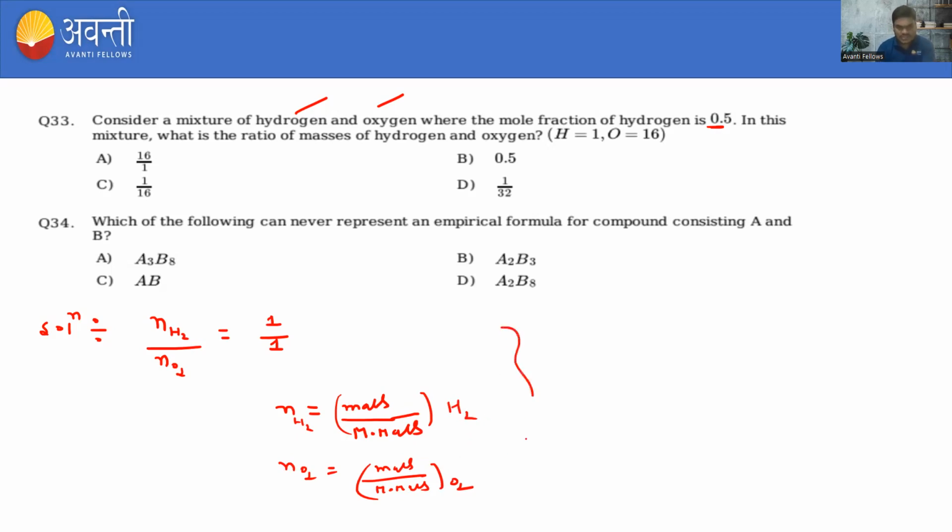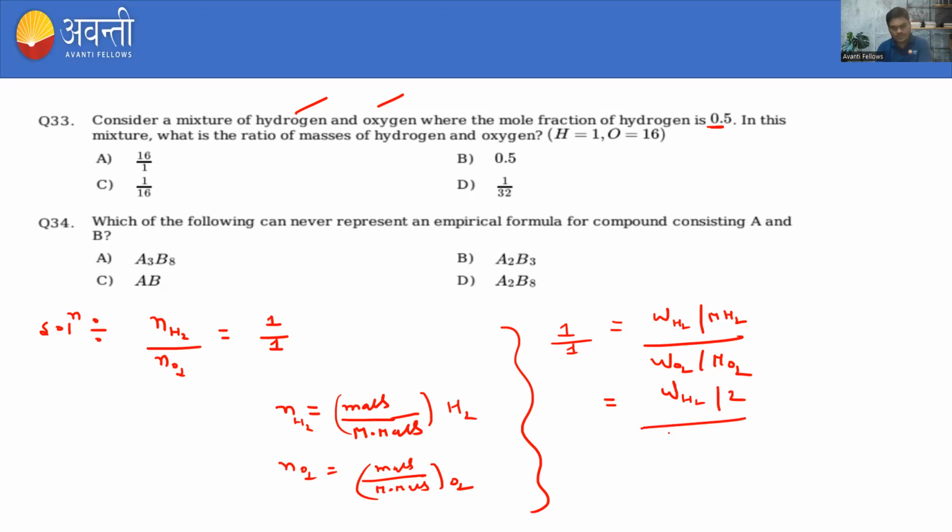So now what is the ratio of this? So we know that their ratio comes out to be 1. So this is 1 ratio 1. Just multiply, that is weight of H2 divided by the molecular mass of H2. Similarly, weight of O2 divided by the molecular mass of O2. So on putting the values, because we know the weight of H2 and the molecular mass of H2, that is 2, weight of O2 and the molecular mass, that is 32, and this is equal to 1.